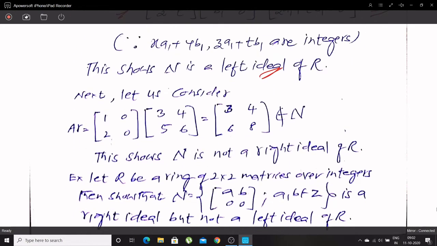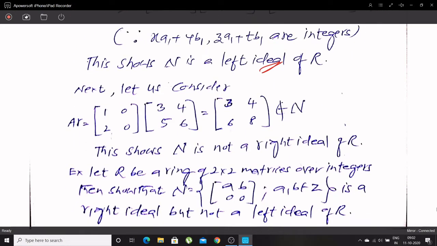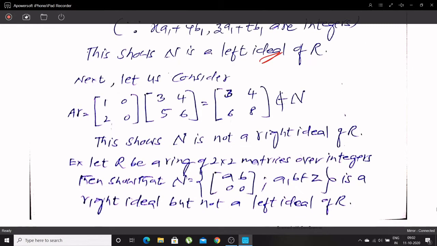Now let us consider AR. I'll take A as 1, 2 in the first column, 0, 0 in the second column. Strictly the second column element must be 0 because it belongs to N. And here I'll take R as 3, 4, 5, 6. If you multiply these two, what do we get? 3, 4 in the first row, 6, 8 in the second row.